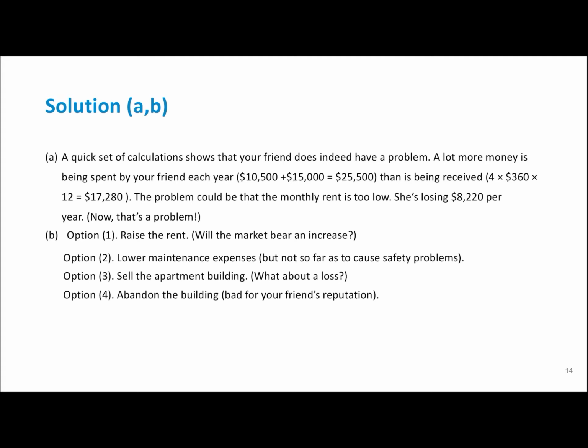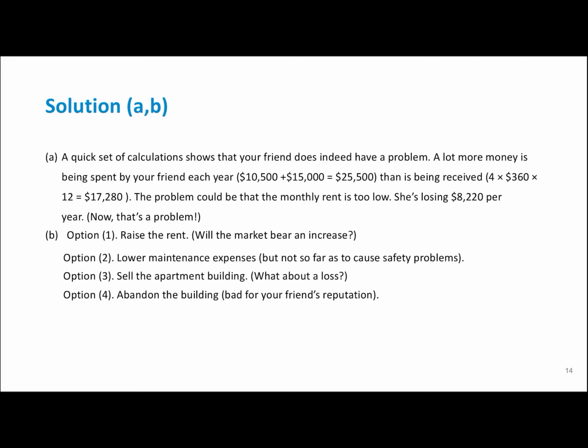Then what is being received is 4 apartments times $360 multiplied by 12 months, which means she receives just $17,280, and this is also per year. The problem could be that the monthly rent is too low, so she's losing $8,220 per year, sorry, $8,022 per year.